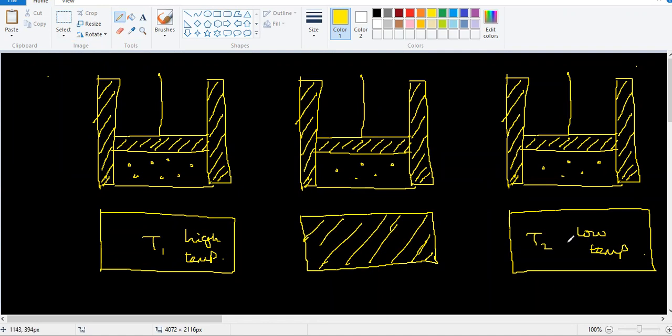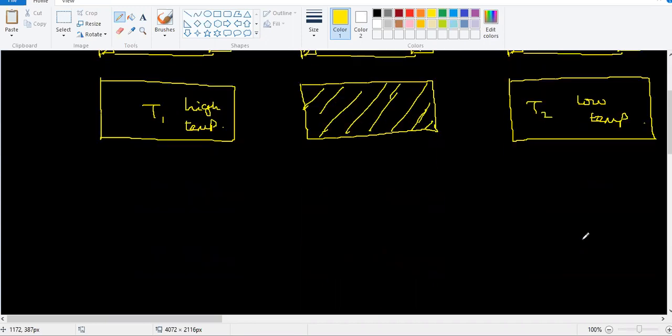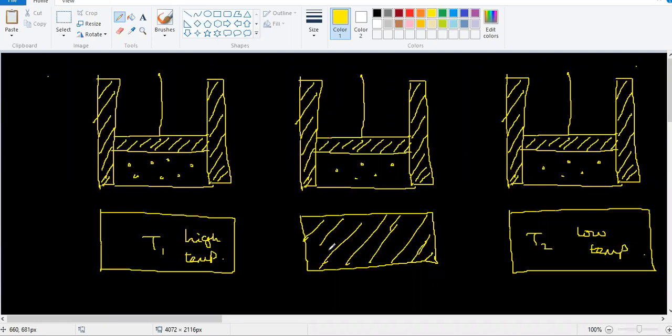If I put it on the low temperature sink, the heat will be flowing back this way, from here to here. So that's the first thing. You should understand the construction.